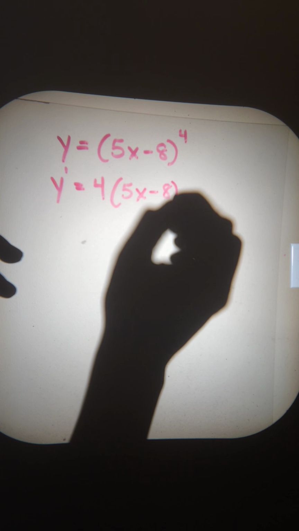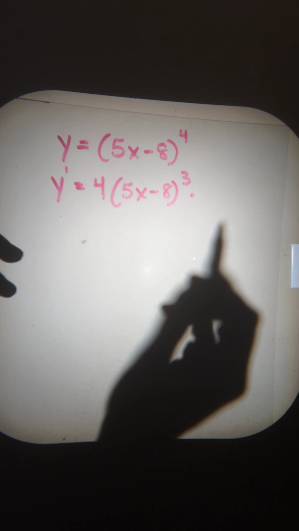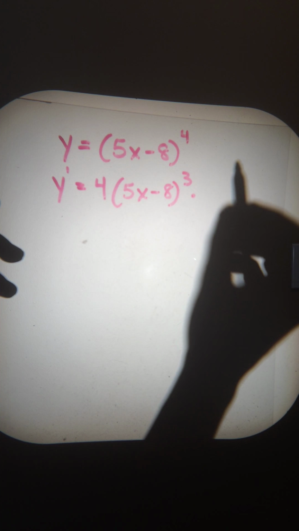Our next one has got some exponents. Y equals 5x minus 8 to the 4th. We're going to use a generalized power rule. So y prime equals, you bring down your 4, just like we know, times 5x minus 8 to the 3rd times the derivative of our inside function, times d over dx of 5x minus 8.